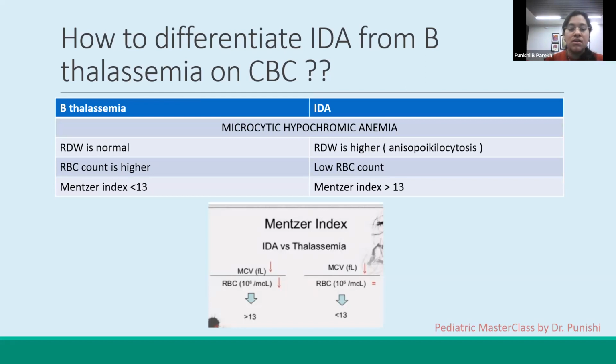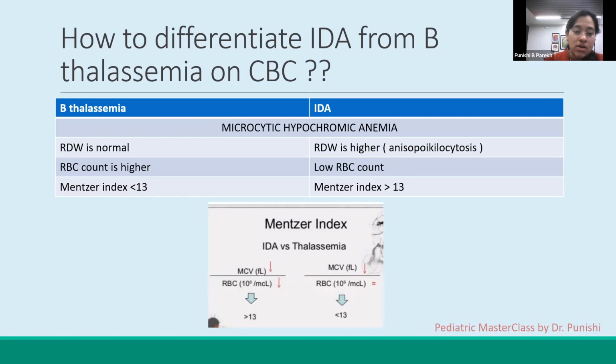So when you look at the Mentzer index, it's MCV upon RBC. Now MCV is going to be decreased in both, because there's microcytosis, but the RBC in iron deficiency anemia is going to be reduced more as compared to that in thalassemia. Sometimes you might also have a normal RBC count in thalassemia. So RBC count can be normal or slightly reduced, but definitely if you have iron deficiency anemia, you will have a low RBC count.